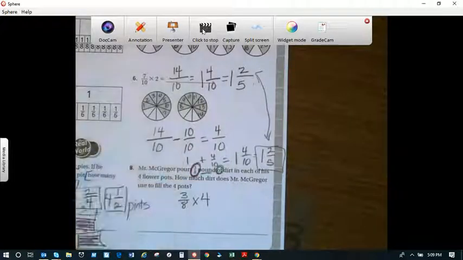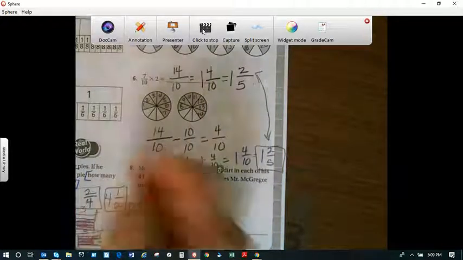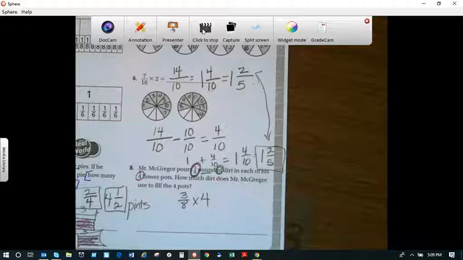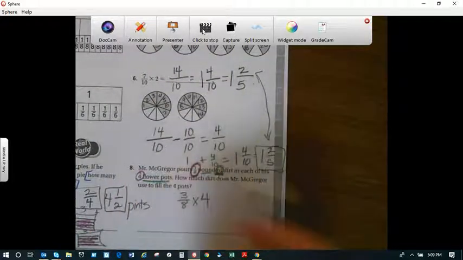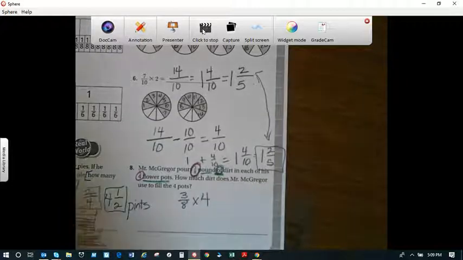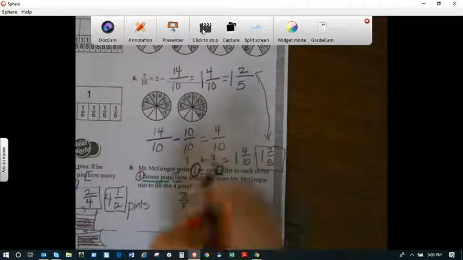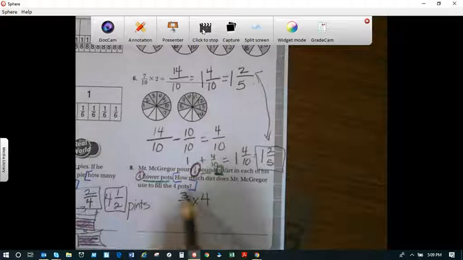And then it's the flower pots. So I needed to do my 4. And I'm going to underline flower pots. And I should have underlined the of, not circle it. But that's okay, as long as I remember. So I have 3/8 of the 4 pots.